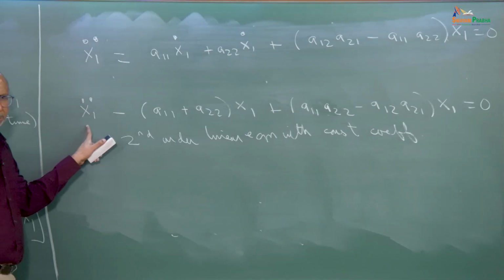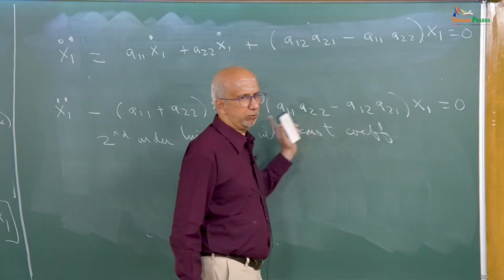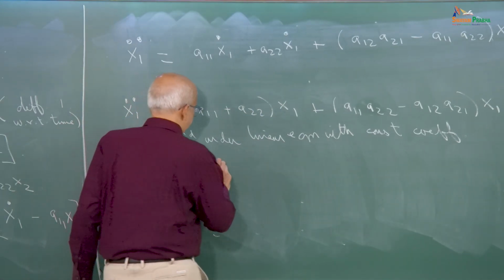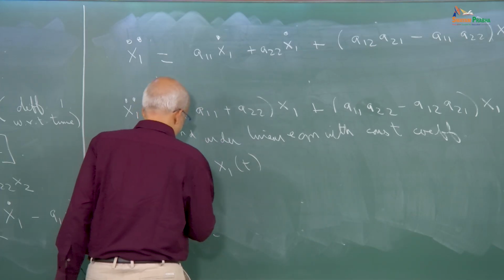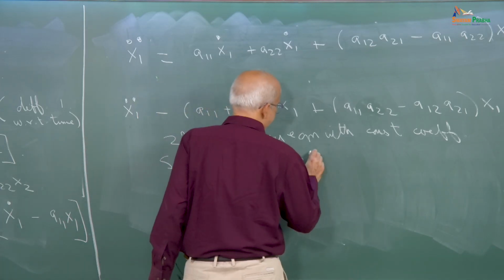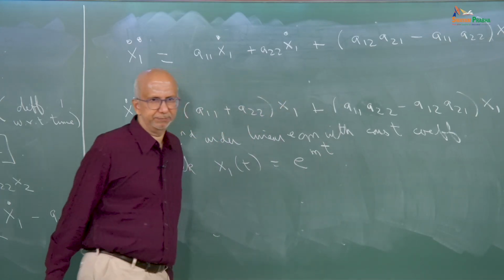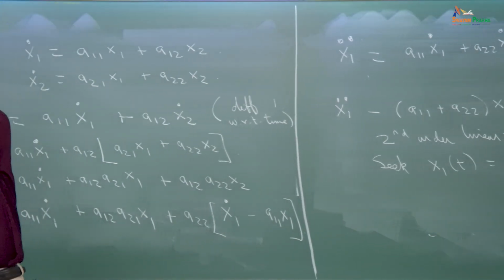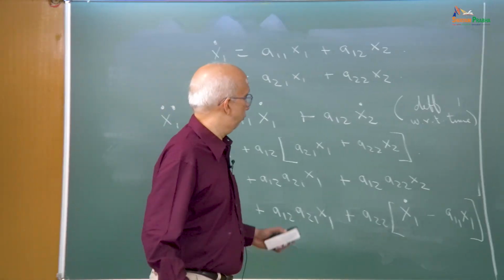Second order linear, but everything is to the power 1 and these coefficients are constant. And how do you seek the solution? X1 of t is e power mt, something like this. This is what you have done before, or should have done before.